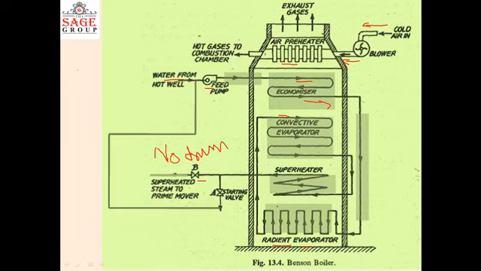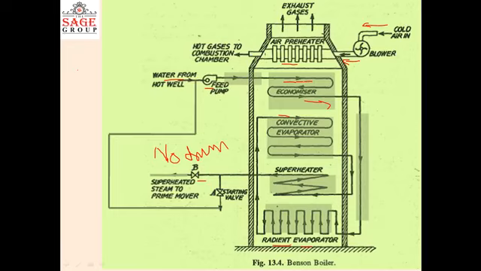So it is a forced circulation type of boiler, and we use very high pressure in this boiler. Because of that, there is low formation of bubbles. So water will enter from the hot well with the help of the feed pump. First, it will pass through the economizer.